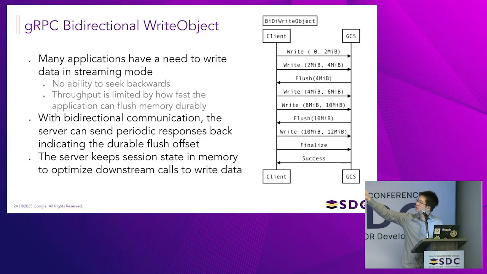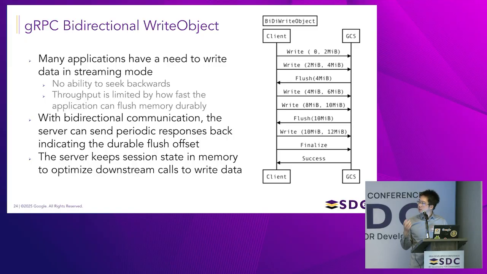In this example diagram, you can see multiple write requests for 2 megabyte chunks being sent out, and then periodically, as part of the protocol, you can say that you want confirmation that the write has been flushed, in which case GCS will return confirmation.